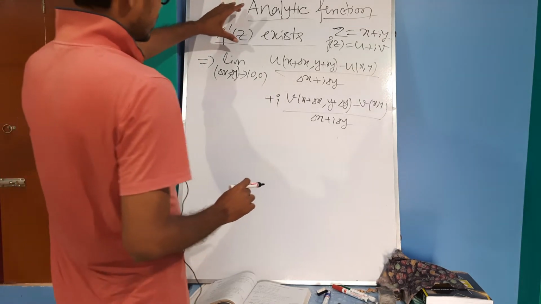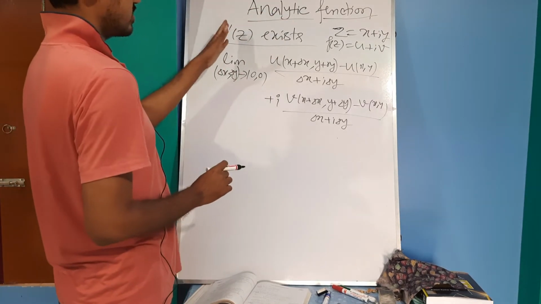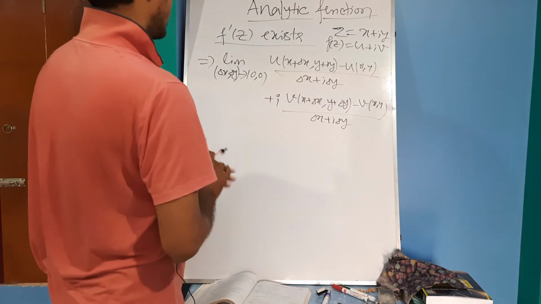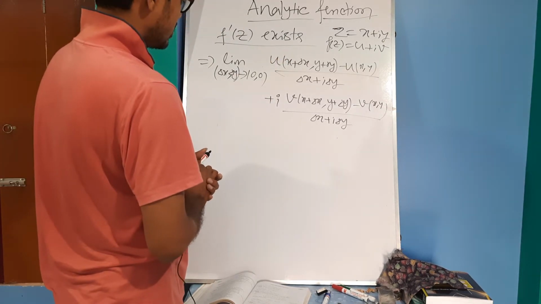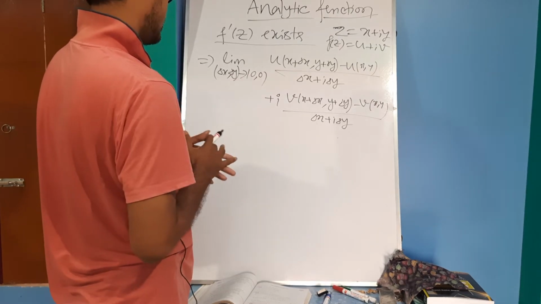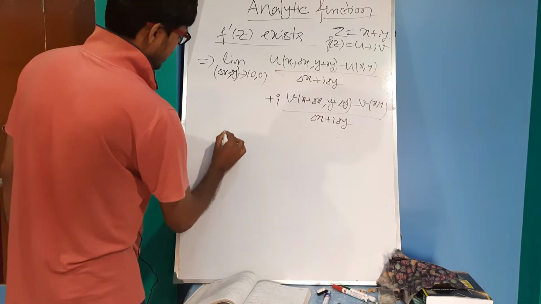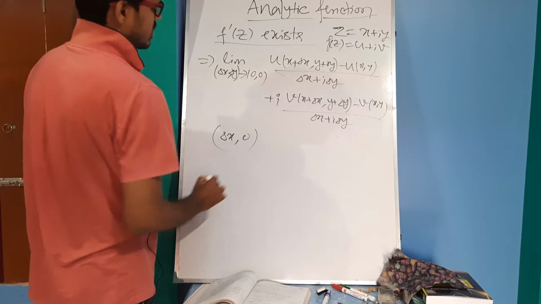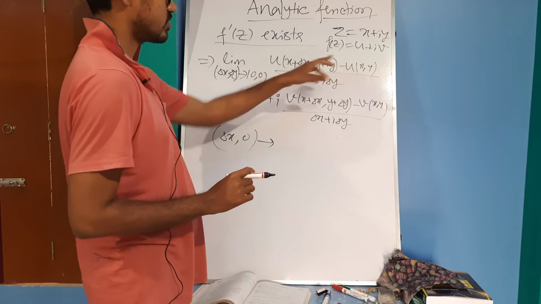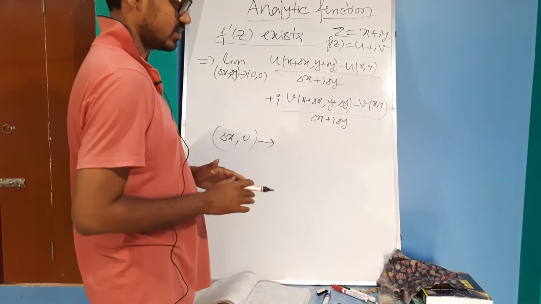Now as the function exists, that means differentiable, so the limit exists, and in that case whatever the line of limit, if we approach the limit from this line del x comma 0, that means putting del y equal to 0 in this function, we have some result.